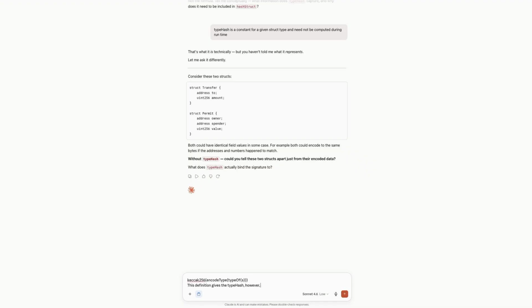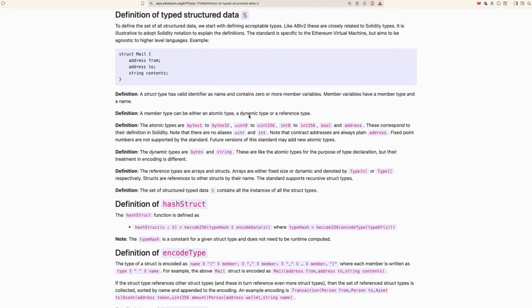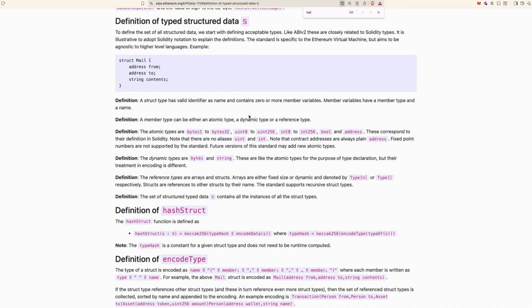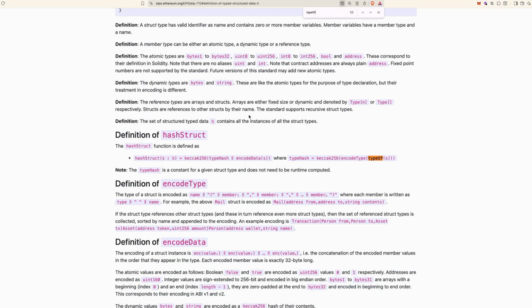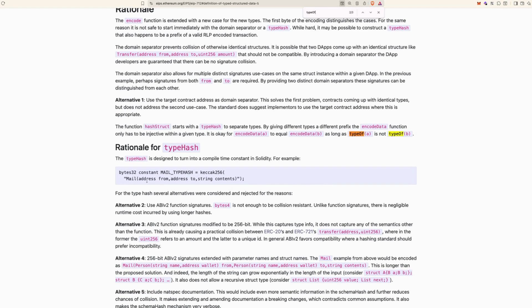However, let me search for the type of most type. Okay, here it is. We have the rationale for typeHash.